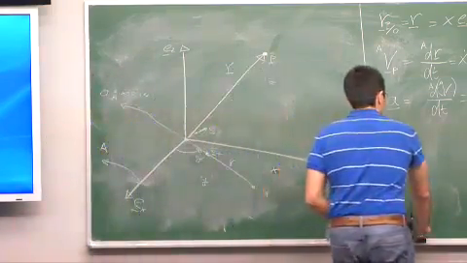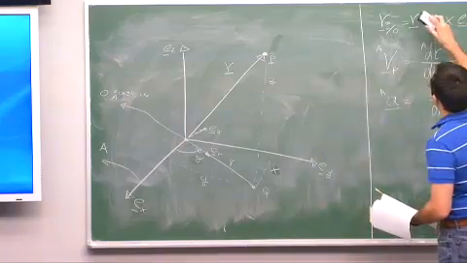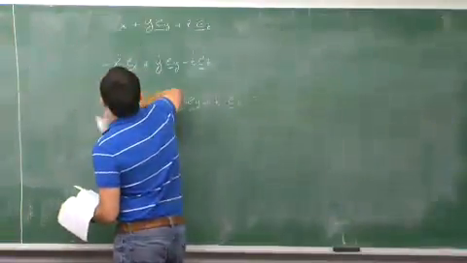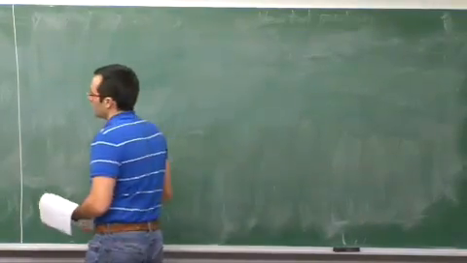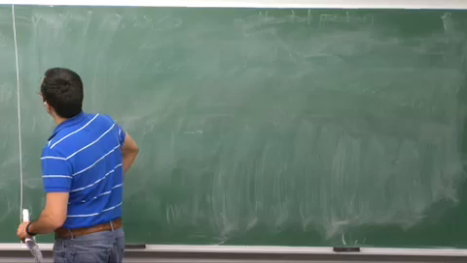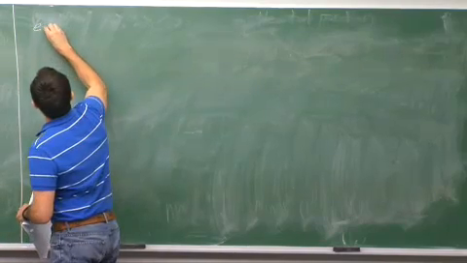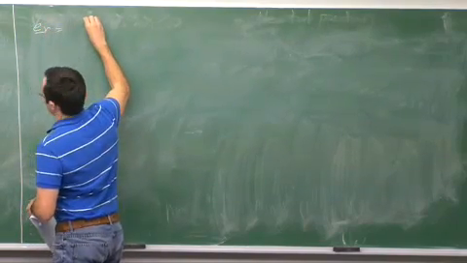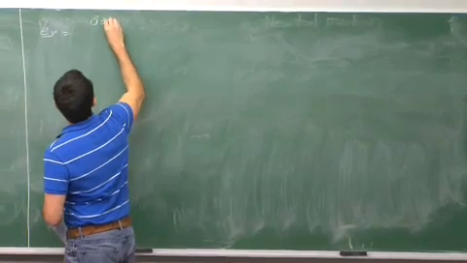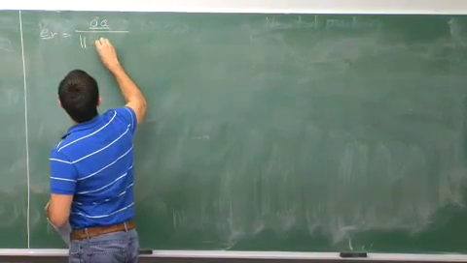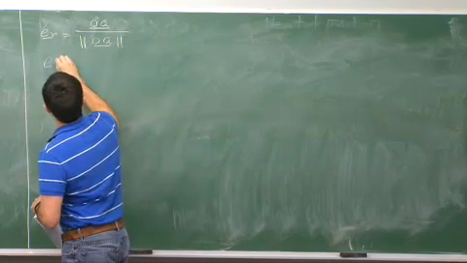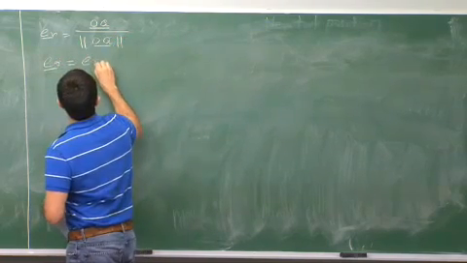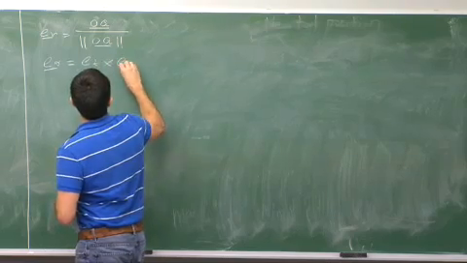And probably I should tell you a little more about these unit vectors here. Okay, ER is the vector OQ over its magnitude. EZ is given, so E theta is EZ cross ER.